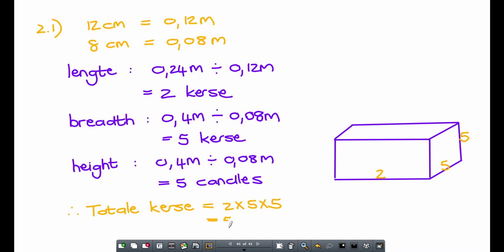Met ander woorde 50 kersse, 50 candles. And they said, verify through calculations that 50 candles can be packed in the box. So dan weet jy. Ons het op ons eie uitgekom by 50, so dit is presies wat hulle gesê het, nee. Okay, dan by 2.2, determine how many boxes will be needed to pack 1,000 candles.